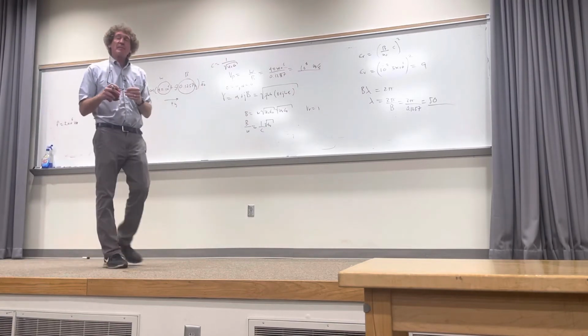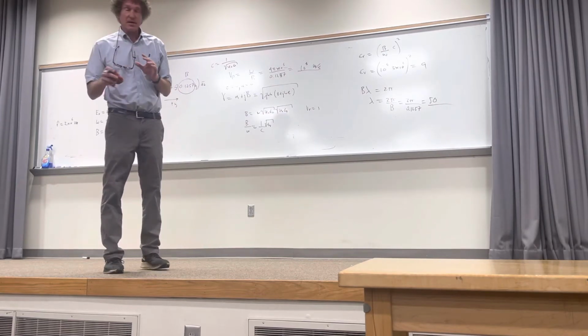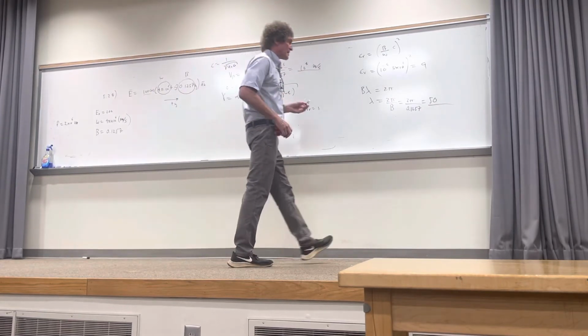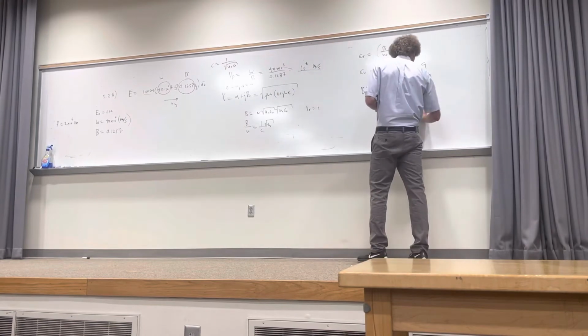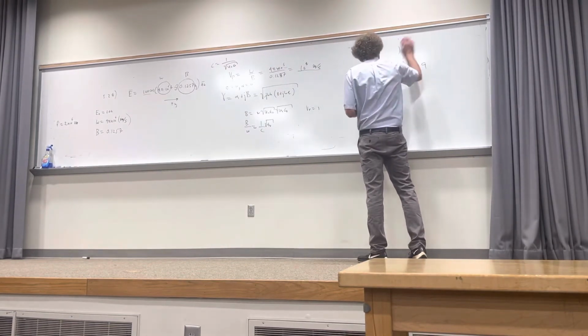Now, I want to tell you one other thing. Generally, anytime you want wavelength in a lossless media, listen to me here, you don't need to go through this. Or phase velocity, either one. I'll just show you.